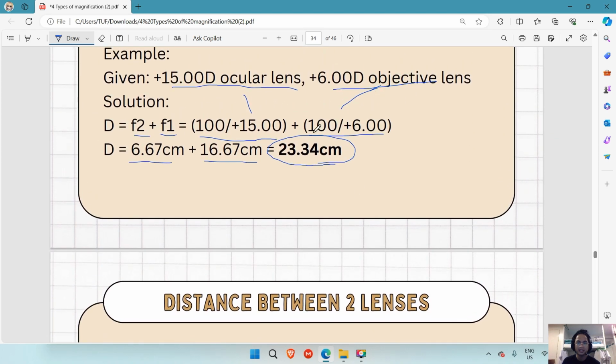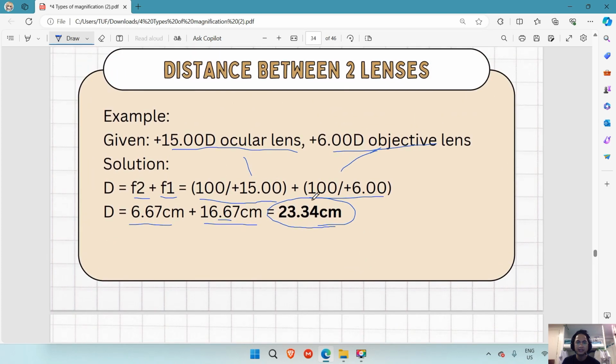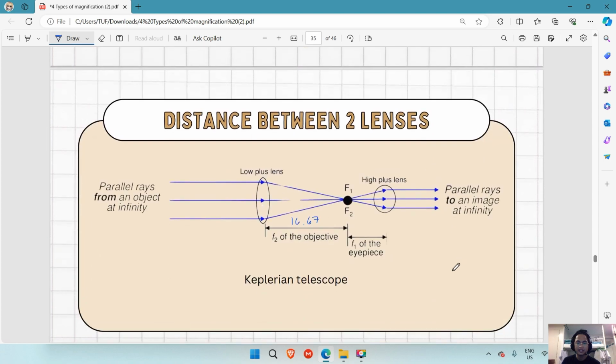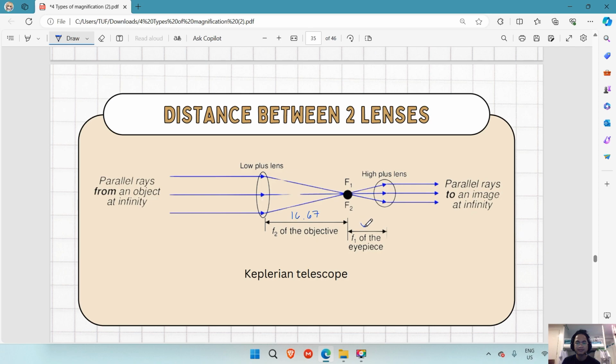The objective lens focal length is 16.67, and our eyepiece here, the ocular lens, is 6.67.